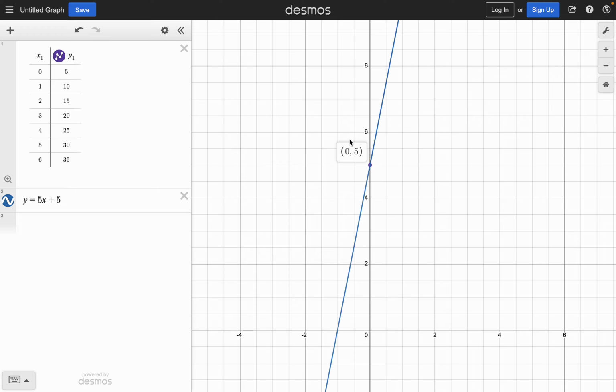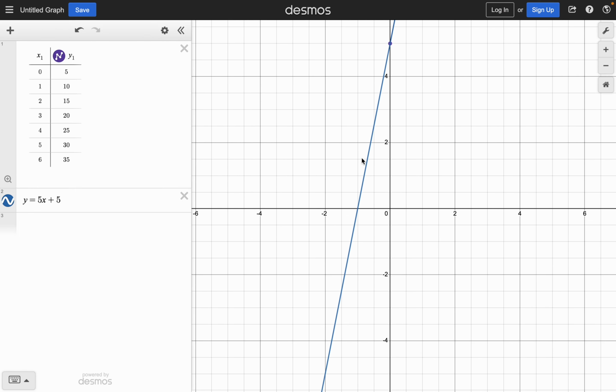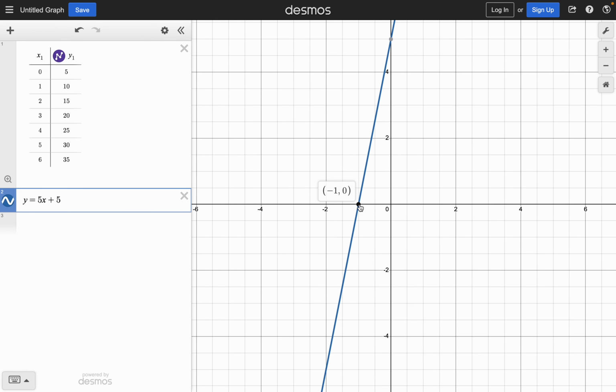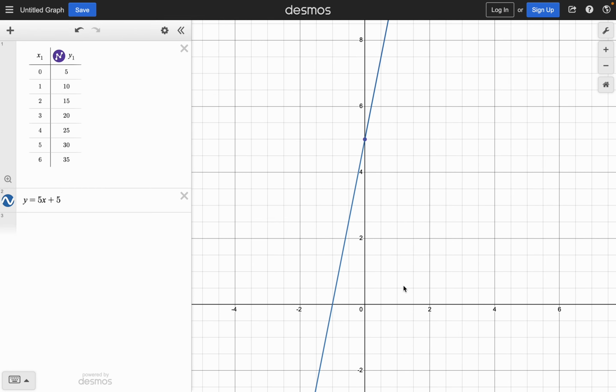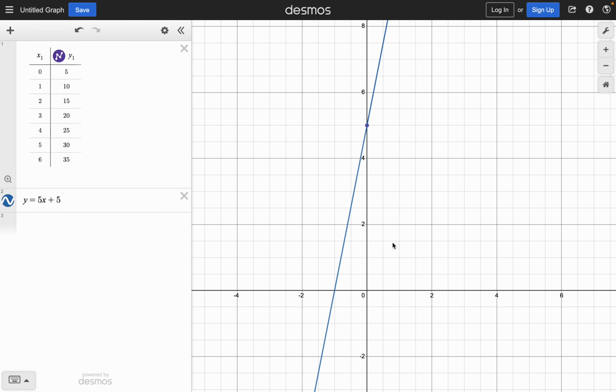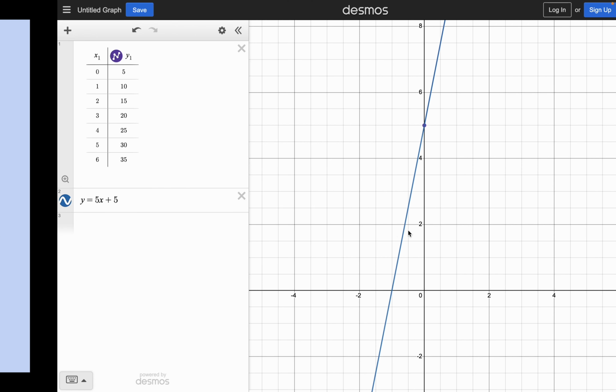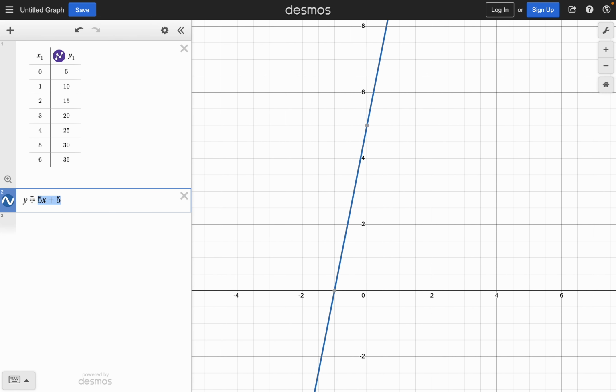So that would be your y-intercept right there. And then my x-intercept would be (-1, 0). So when y is 0, x would be negative 1. That is the meaning of the x-intercept. So if you have a graph, it's very easy to find these points. However, we will work with the equation right here.